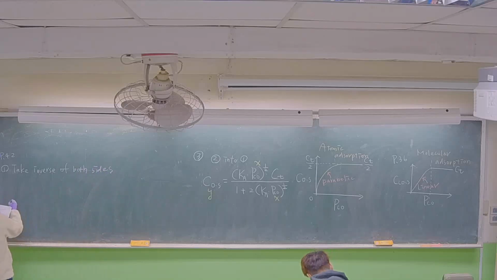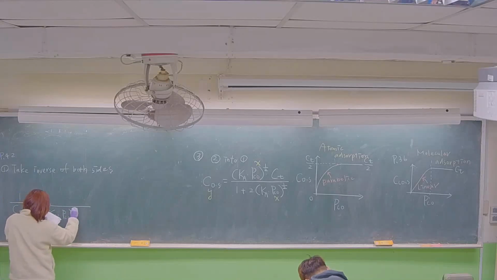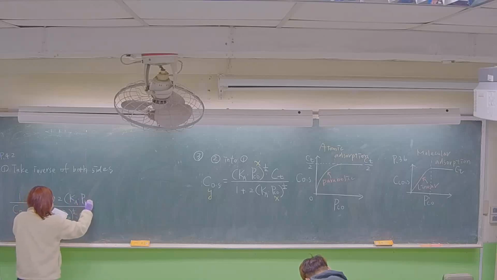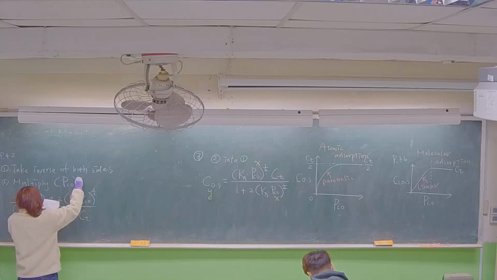So what is the inverse of both sides? Right? And then multiply PCO square root at both sides.